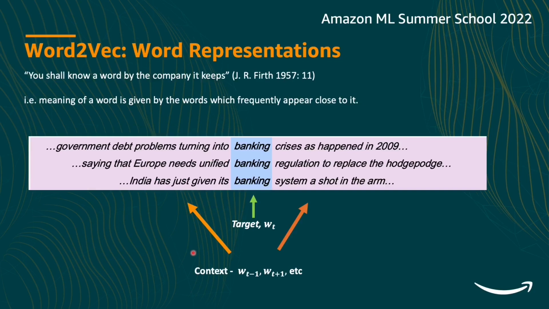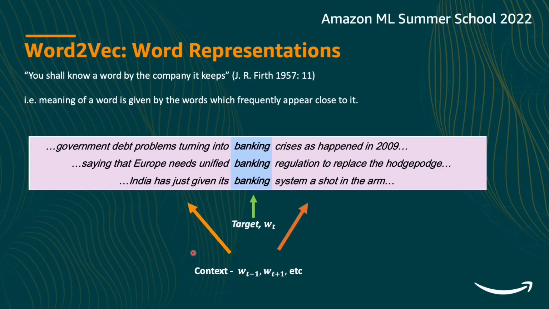So let us look at this word2vec representation. It is based on something called distributional semantics, or the distributional hypothesis. It says that the meaning of a word is given by the words which it frequently occurs with, which essentially means that words which are used and appear in similar contexts tend to have similar meanings.